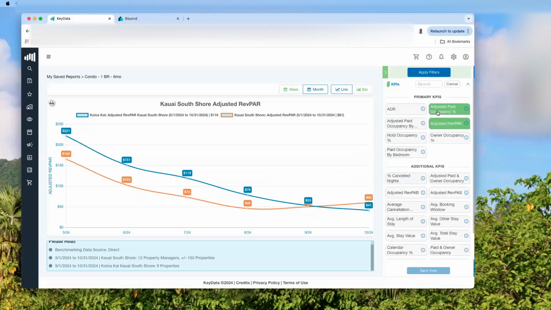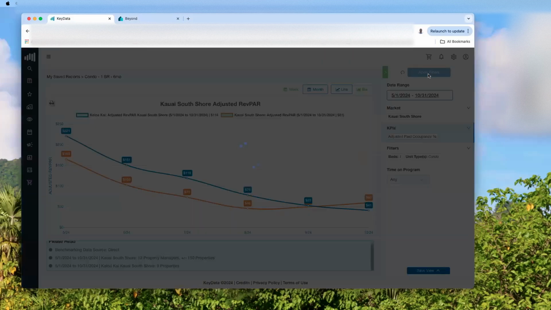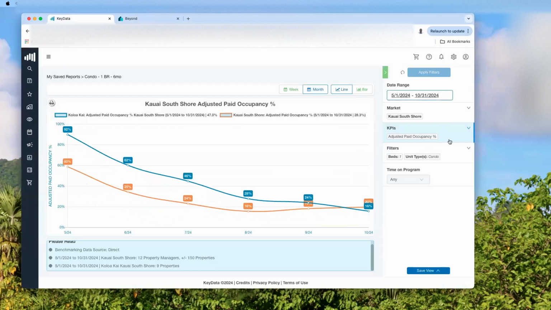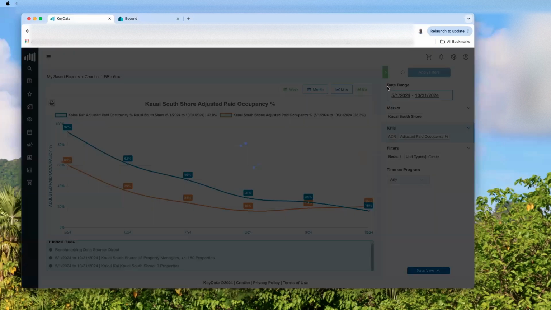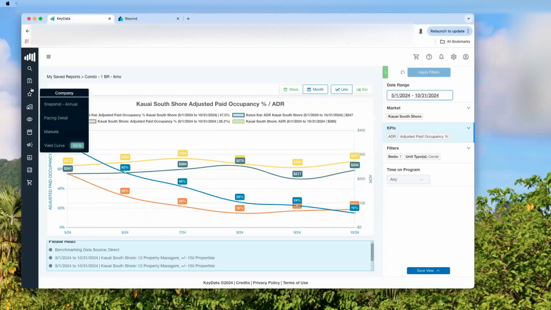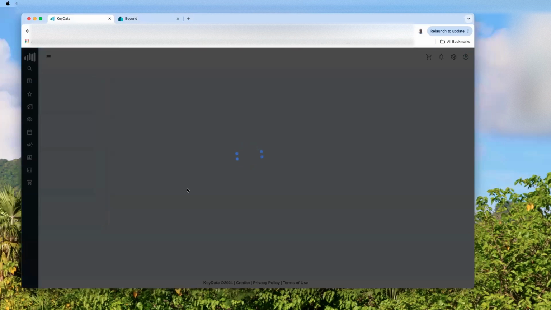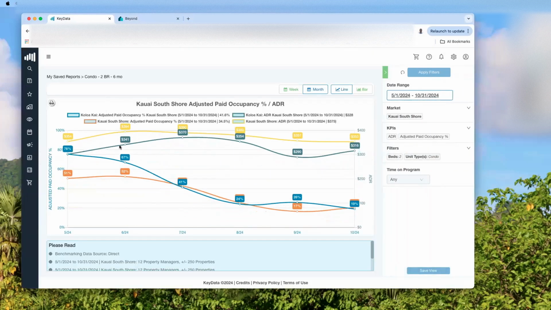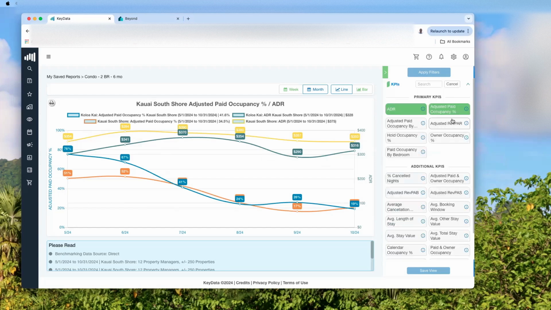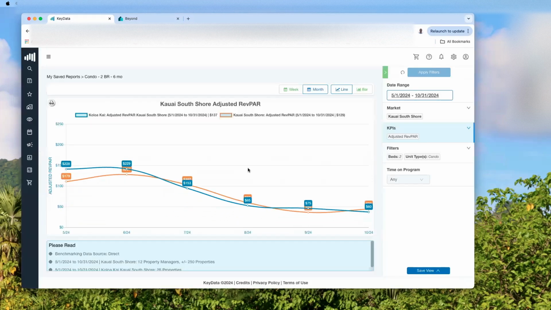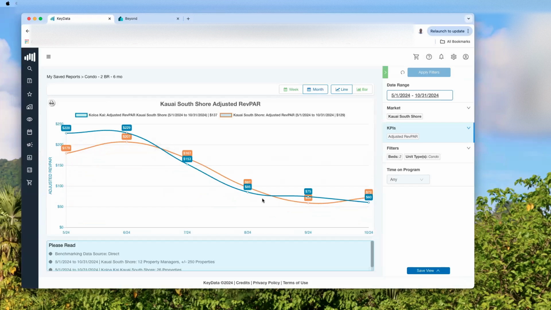And so, just like we talked about, we go through this process not just for 1 bedrooms, but for our 2 bedroom condos, where we have a similar graph and a similar analysis. They've all got slightly different character and slightly different curves, but what we're shooting for is that each of them has a very healthy RevPAR curve.